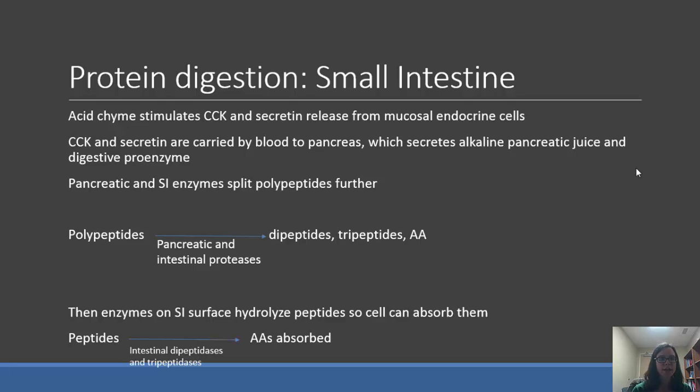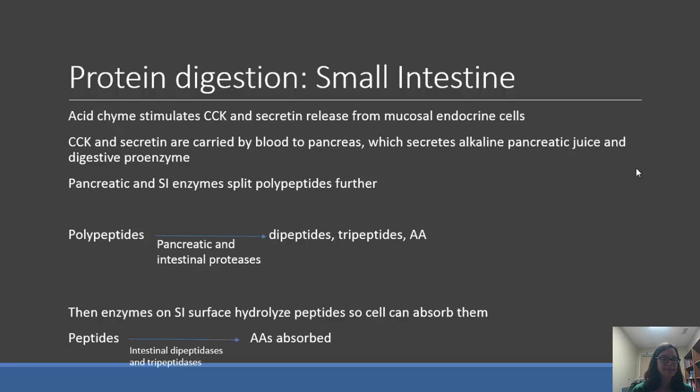These hormones are carried by the blood to the pancreas, which is stimulated to secrete alkaline pancreatic juice, which will neutralize the acidic chyme, and it also stimulates the pancreas to release digestive proenzymes.